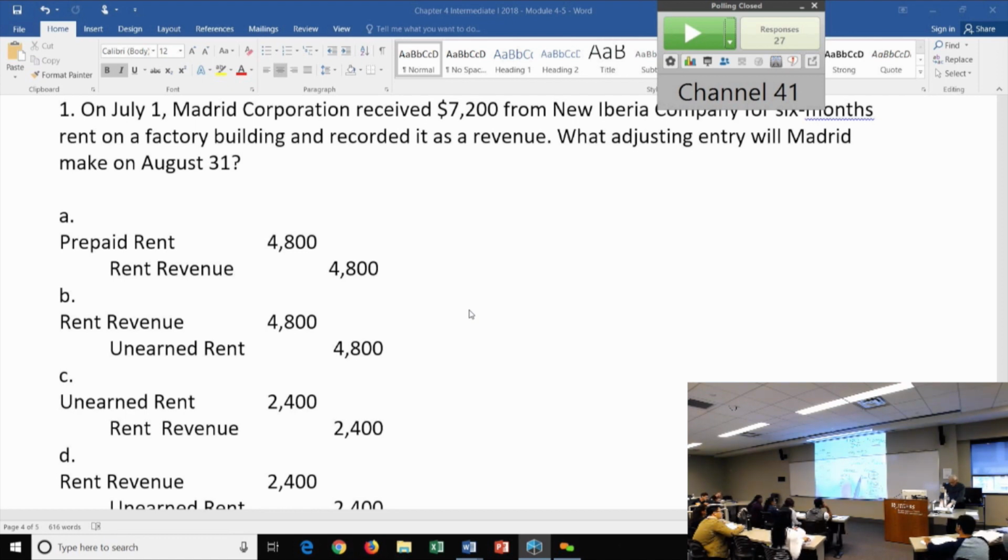So here, if you took D, you would have reduced the revenue, but only for 2 months. You gotta reduce the revenue for 4 months, which is still unearned. So it's just a matter of making sure that when you're done, you've got 2 months earned, 4 months unearned.